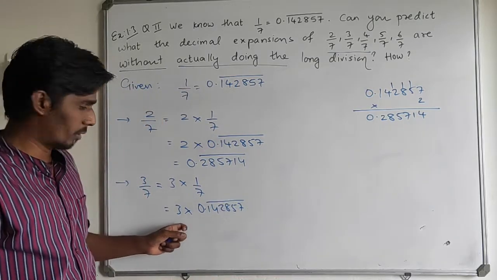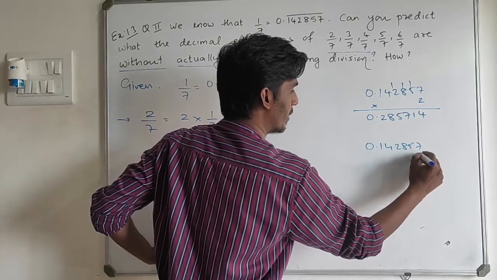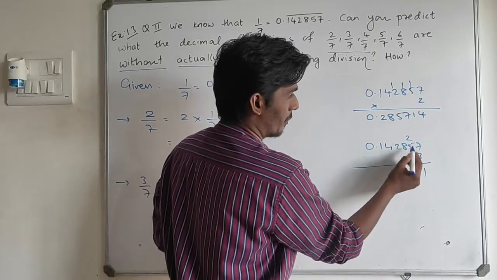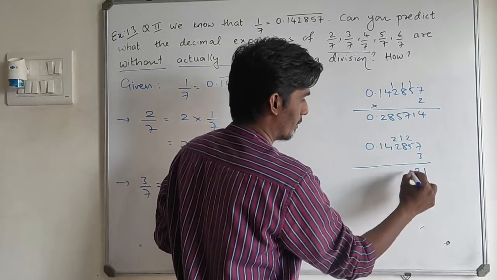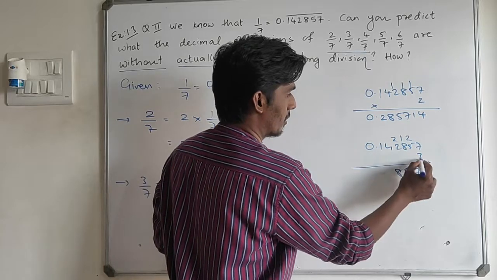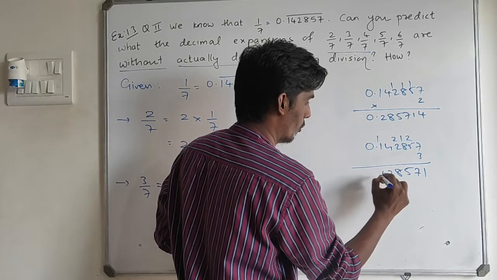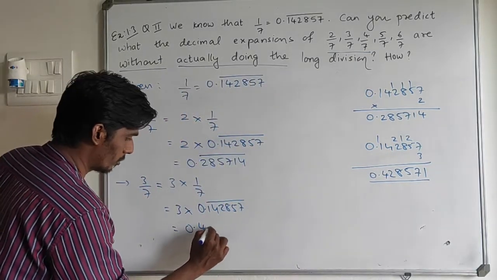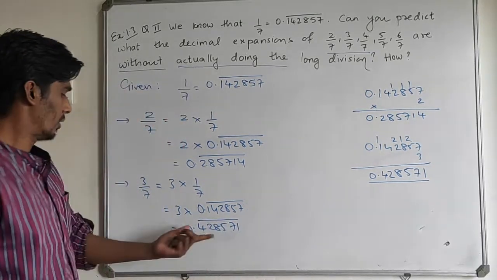Now by multiplying these two numbers, 0.142857 into 3. 7 3s are 21, 15 plus 2, 17, 3 8s are 24, 25, 3 2s are 6 plus 2, 8, 3 4s are 12, 3 1s are 3 plus 1, 4.0. So this is the answer: 0.428571 bar.